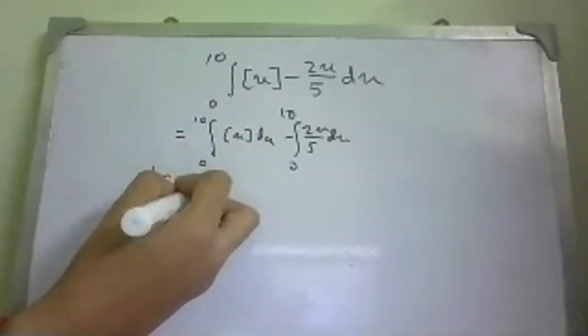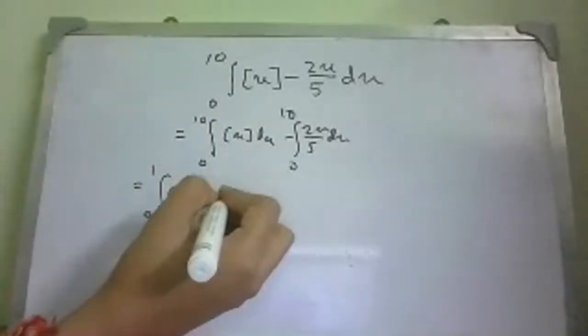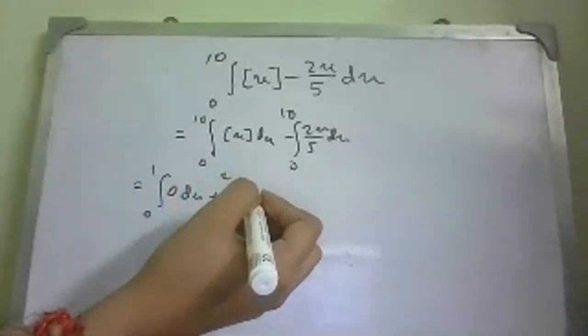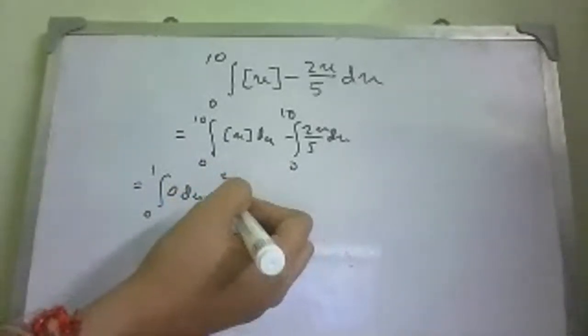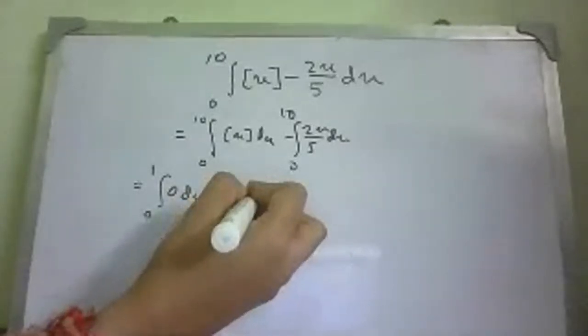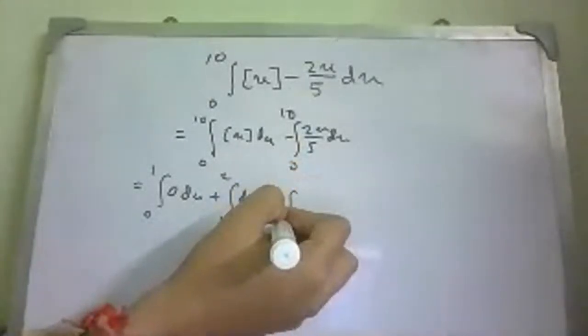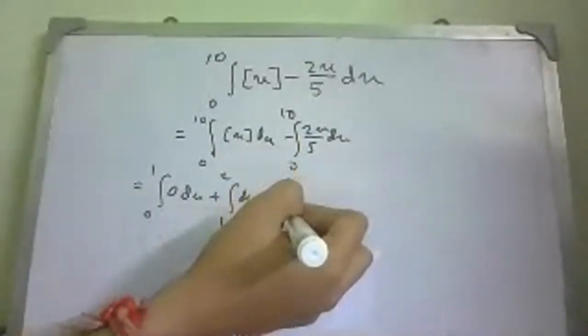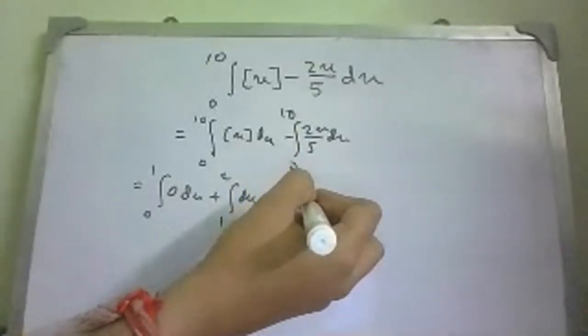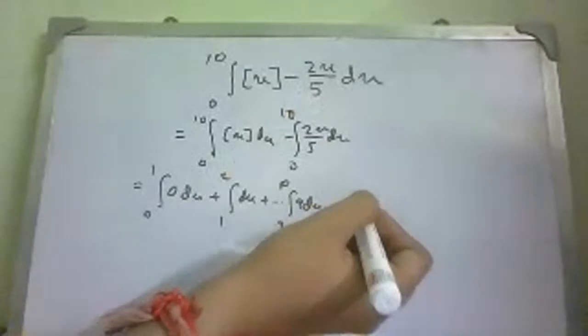So this is basically 0, plus the integral from 1 to 2. The box function of x, if x is between 1 and 2, is obviously 1, so it is 1 dx. And this will continue till 9 to 10. If x is between 9 and 10, then obviously the box function will be 9 dx.